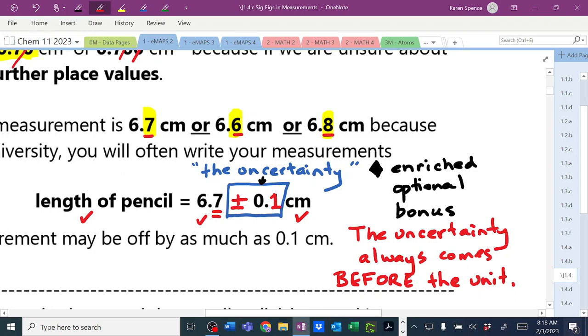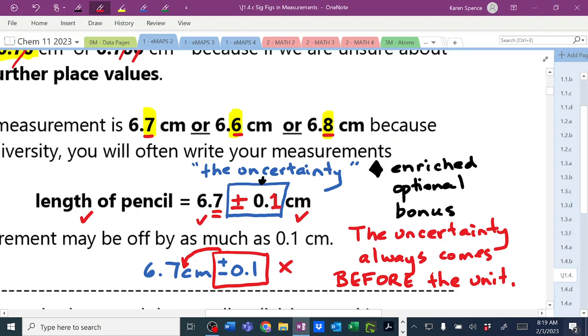So would it be okay for me to write 6.7 centimeters plus or minus 0.1? Well, the answer is no, because the uncertainty should have gone before the unit. So this would be wrong.